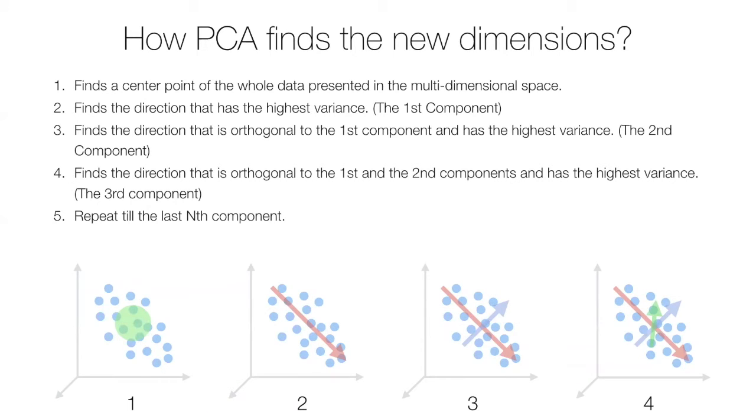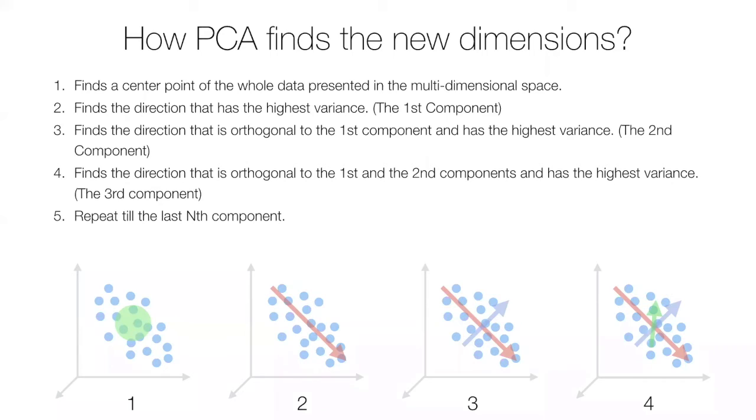From there, it tries to find which direction has the highest variance. In this case, check out this number 2 chart. That direction is the highest, or if you draw the line from end to end, that is the longest direction. And that becomes the first component.